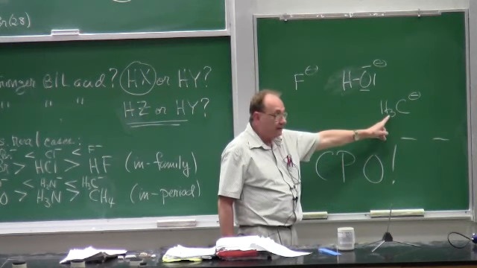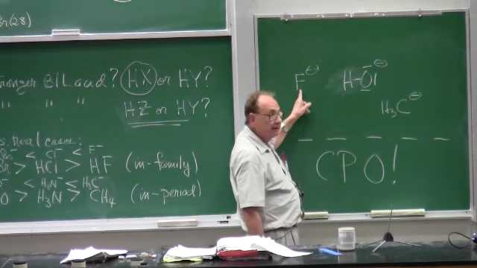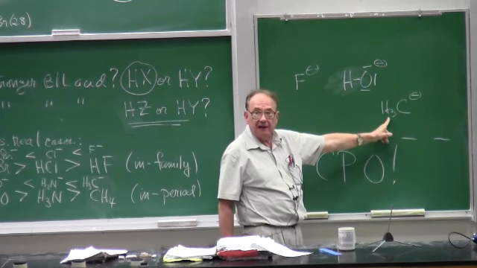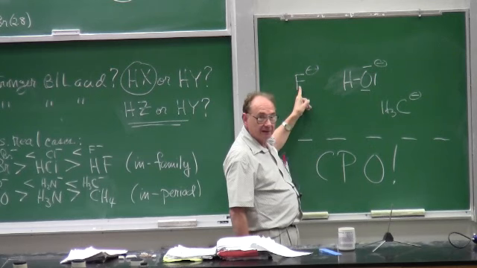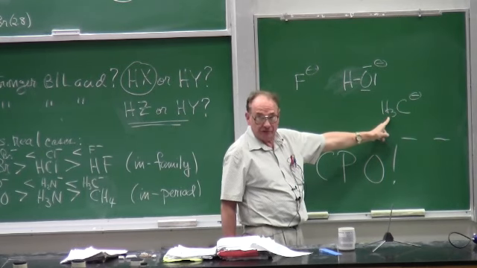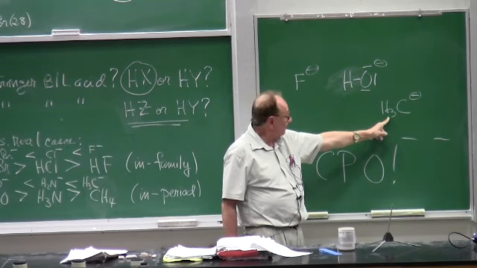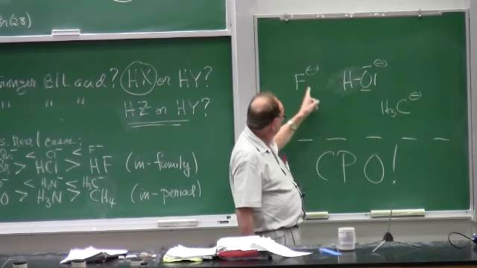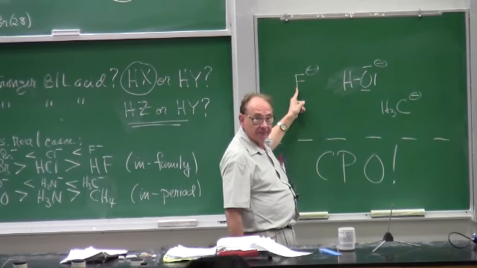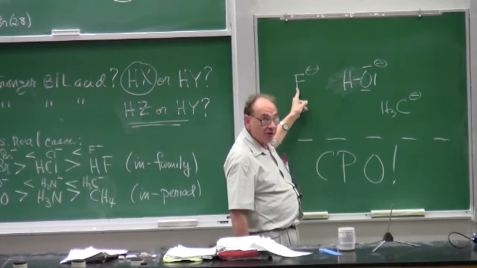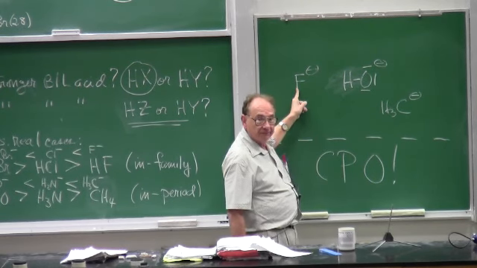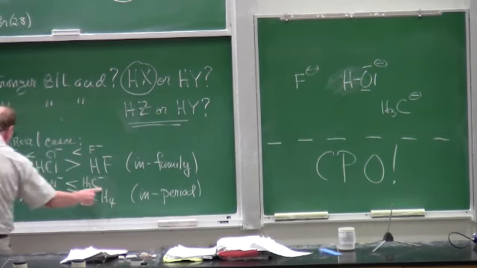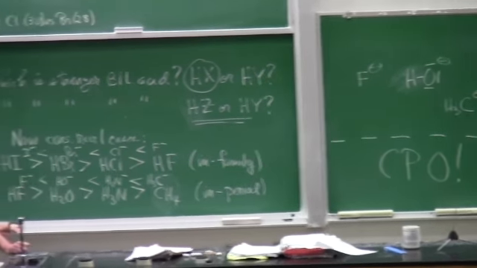So clearly, this is a larger base than this, which means charge to size ratio would dictate this being a weaker base than this. But this is one hell of a strong base. This thing is a much stronger base than hydroxide ion. This thing as a base makes this as a base look like nothing. So charge to size ratio is no good for this argument, because that suggests this would be the weakest base of these in-period derived anions.